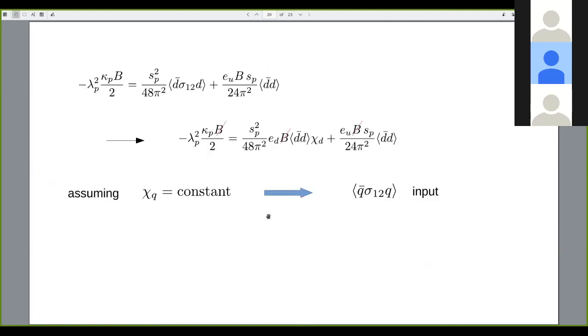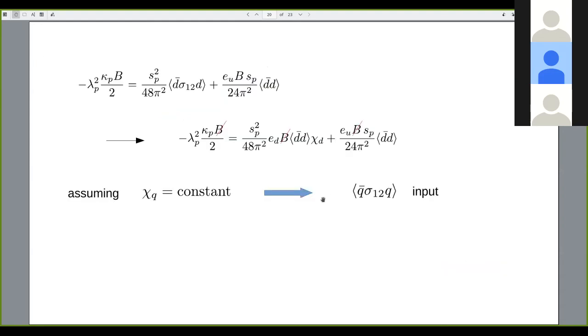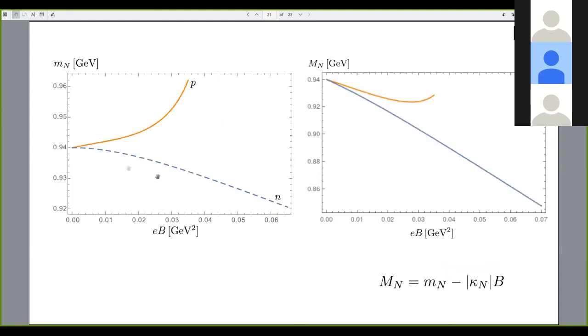And if we see that this is mostly constant here, we can put this as an input and obtain the nuclear mass. And the nuclear mass evolution with magnetic field coincides with other works, in particular with lattice, for example.